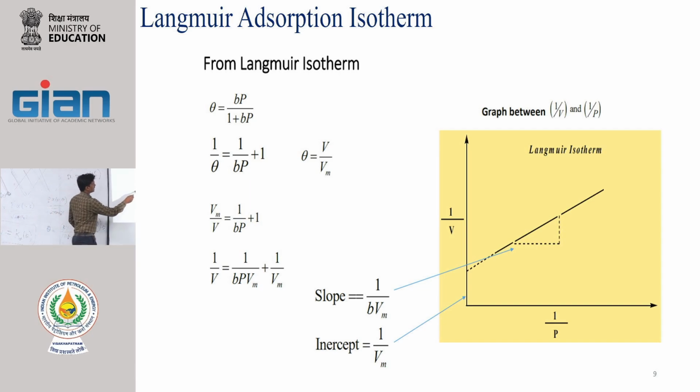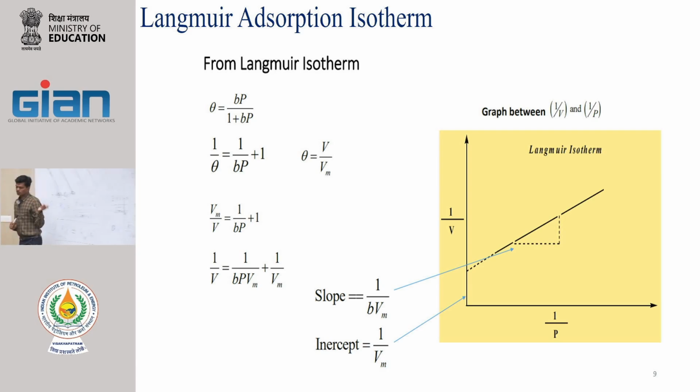So y is 1 over V here and x is 1 over P. The intercept is 1 over Vm and the slope of the line is 1 over B Vm. Whenever you get adsorption isotherm data, you plot 1 over P versus 1 over V and see if it is a straight line or not. If it is a straight line, it follows the Langmuir adsorption isotherm. If it is not, it does not follow.